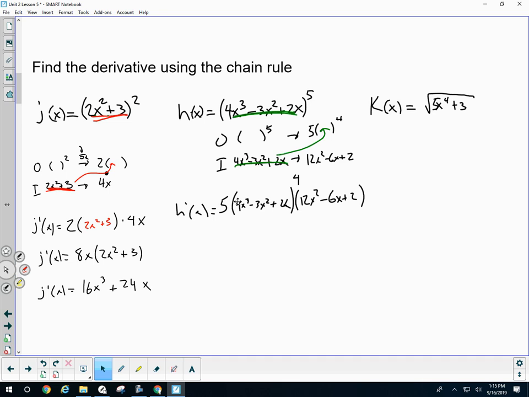In this situation, the root is the outside, but we don't use the root rule. We rewrite a square root as a 1/2 power. So same deal, parentheses to the 1/2 would be the outside.